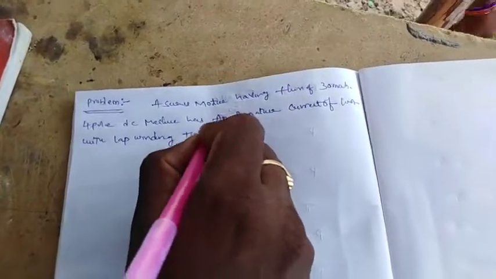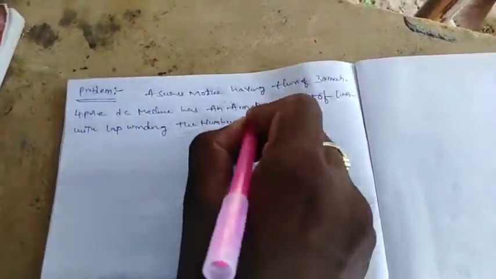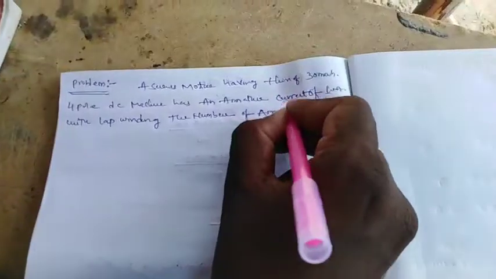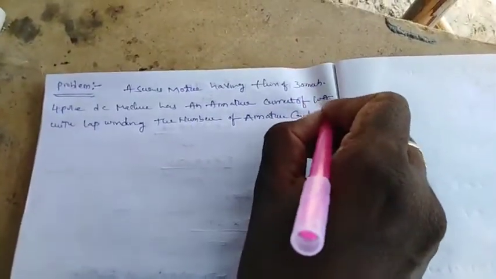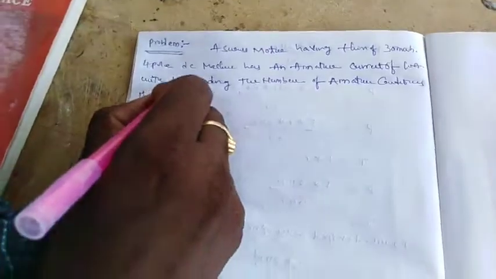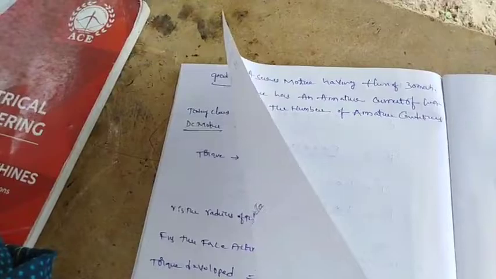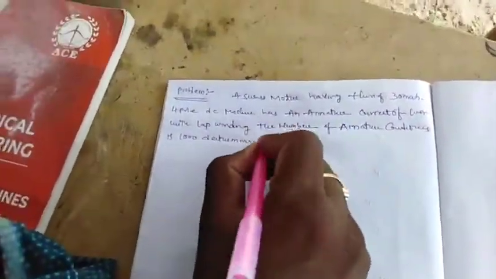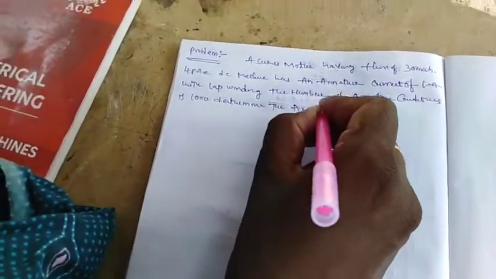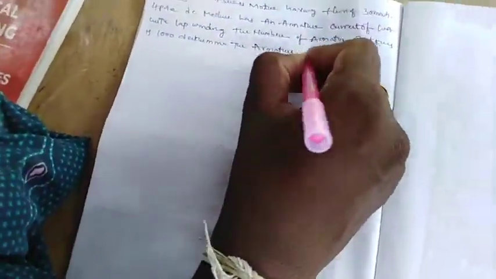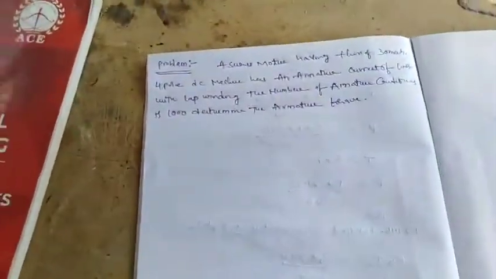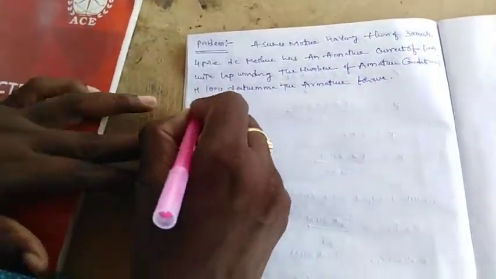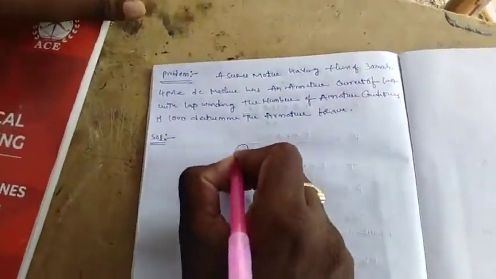The number of armature conductors is 1000. Determine the armature torque. So, solution. In this problem, the given machine is a series machine.